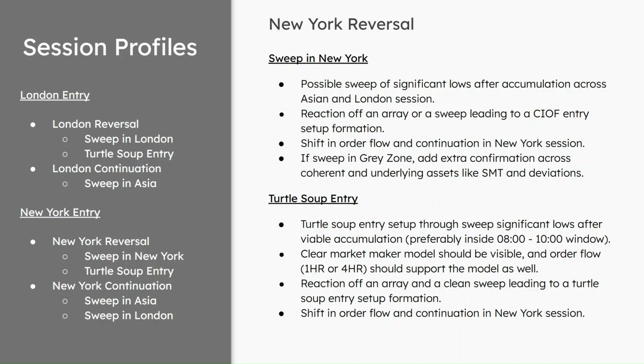Again, for a turtle soup entry, we need a clear market maker model, and the order flow should support the model as well on the hourly or on the 4 hour. Reaction of an array and a clean sweep leading to a turtle soup entry setup formation is necessary. Shift in order flow and continuation in the New York session should follow after that entry setup formation.